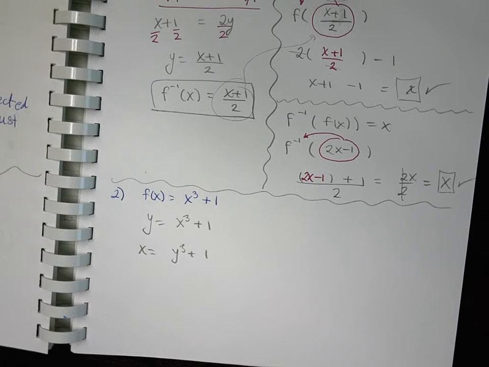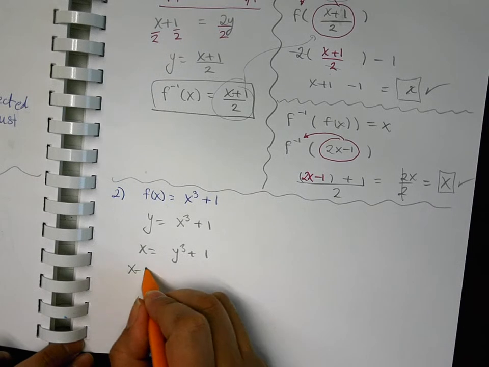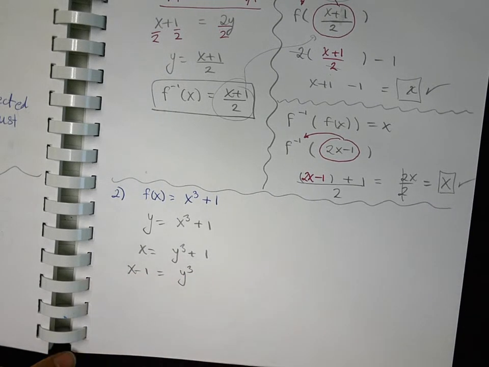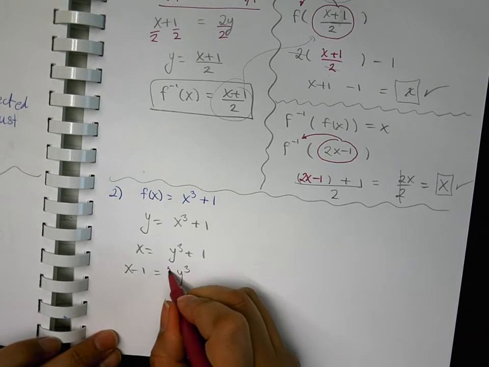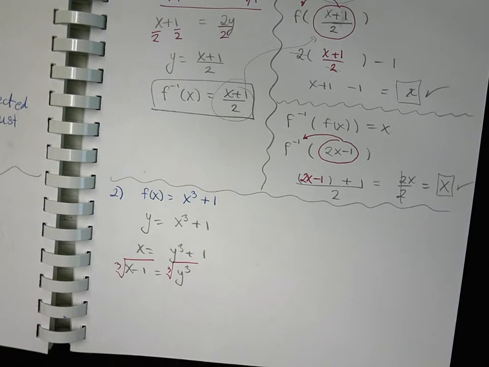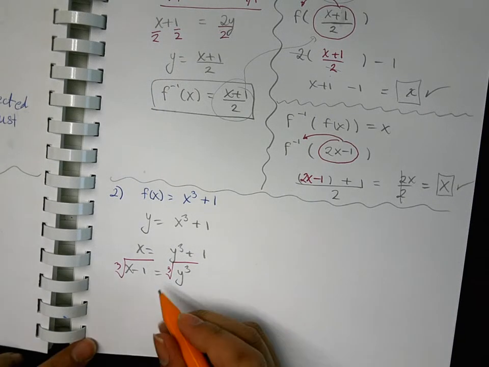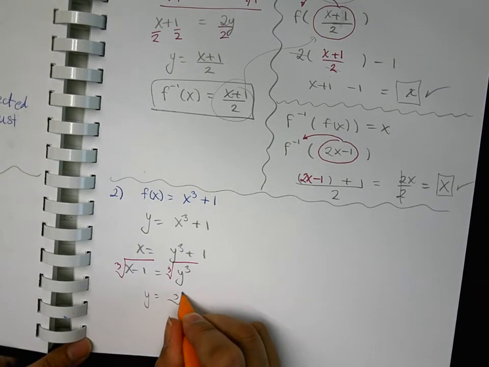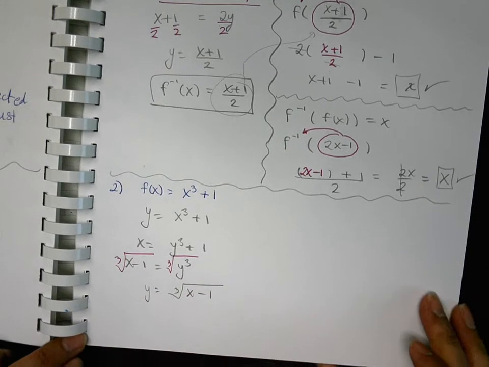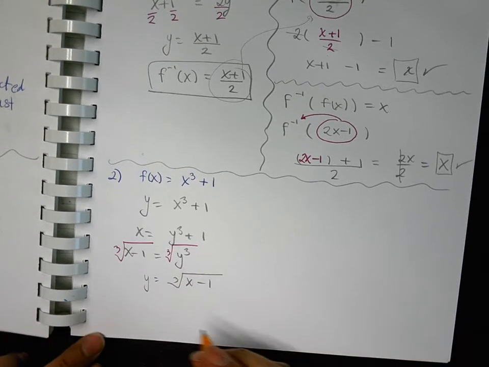So do you feel like it's hard or just takes a long time? All right. Did you get it? Did you subtract the 1 already? X minus 1 equals y cubed, and what did you do to both sides? Cube root. So y equals the cube root of x minus 1.